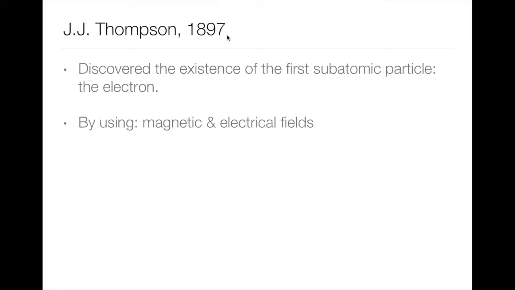Then in 1897, J.J. Thomson came and said that no, we don't have only atoms, there are things inside, which are called subatomic particles. He discovered the existence of the first one, the electron, by using magnetic and electrical fields.